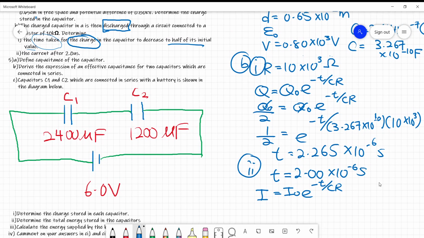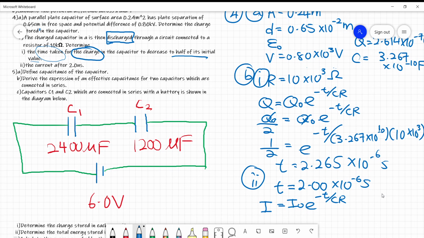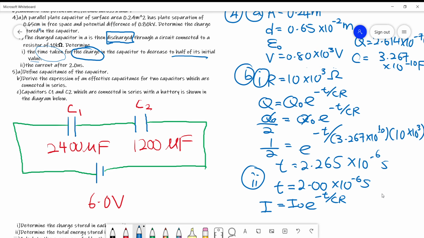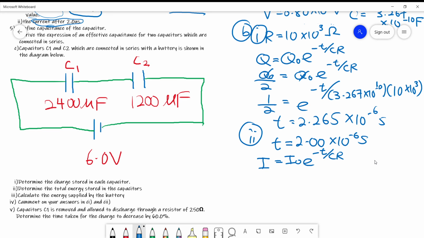So let me just find out what is happening here. Alright, so the current after the time 2 microseconds. I think it is not necessary to apply this formula.